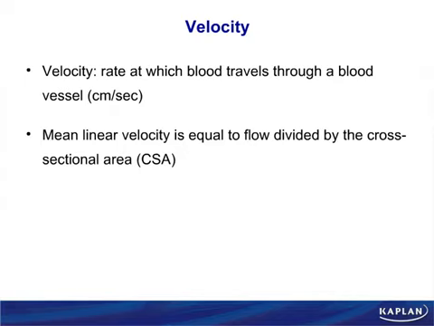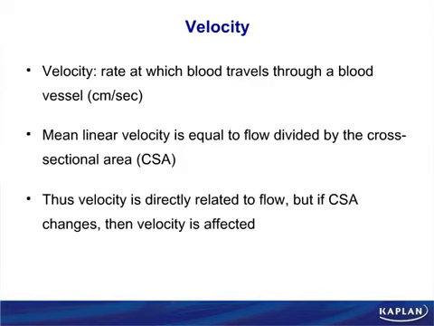So mean linear velocity equals flow over cross-sectional area. So velocity and flow are not the same. They are directly related, but they're not the same, because if cross-sectional area changes, then it may affect the flow, but it's most certainly going to affect the velocity. So a big increase in cross-sectional area means a low velocity, and vice versa.